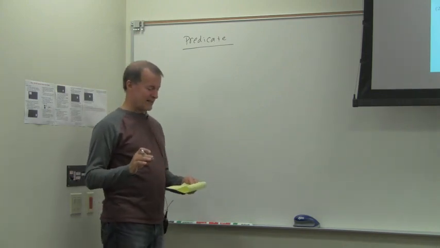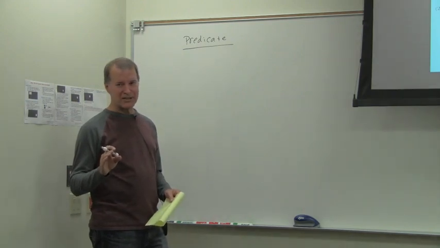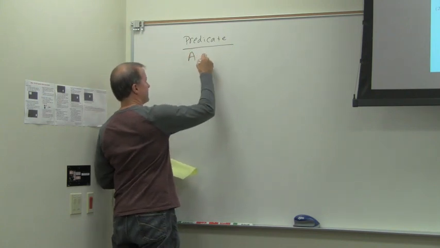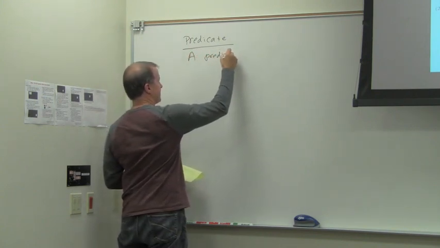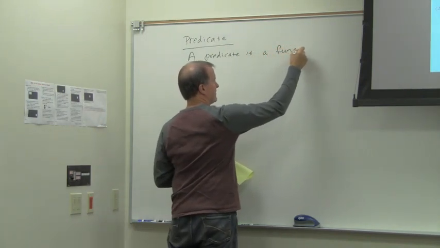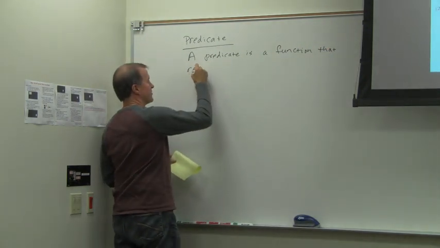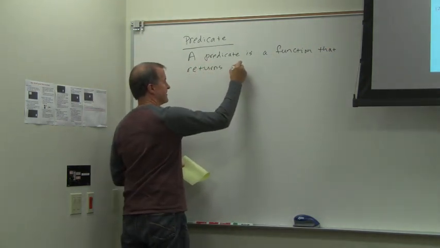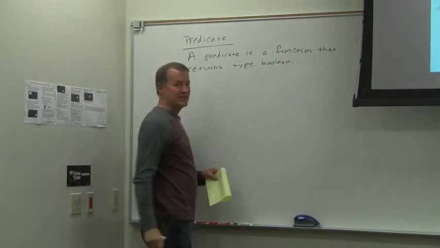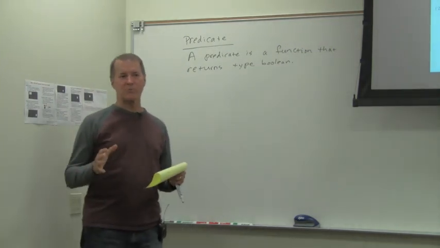Okay. A predicate is a function that returns type Boolean. And remember, what are the possible values that a Boolean variable can have?